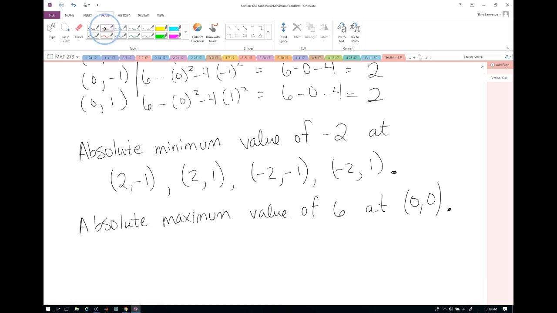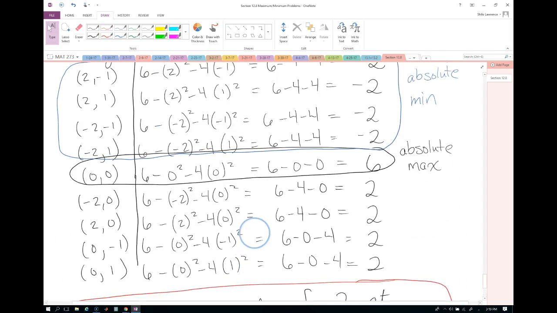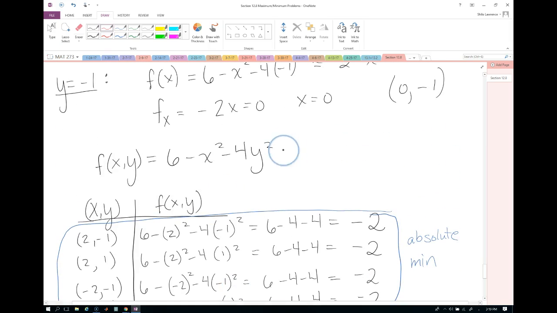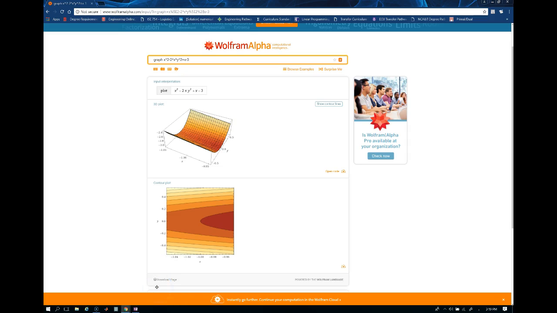So I'm going to try Wolfram Alpha one more time, see if it can give us a nice graph that shows us, or at least confirms our results. So we're going to type this function in and see what it looks like. 6 minus x squared minus 4y squared.